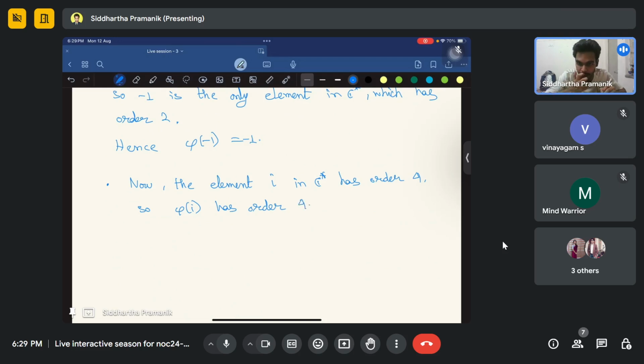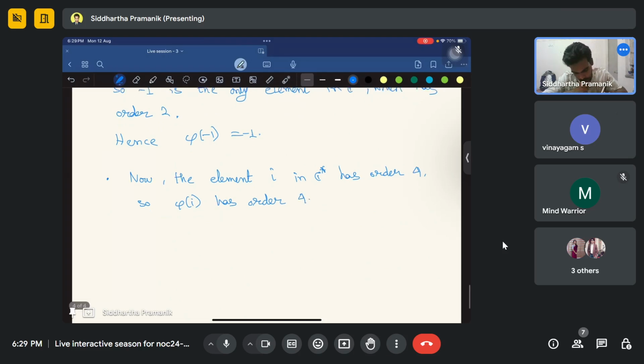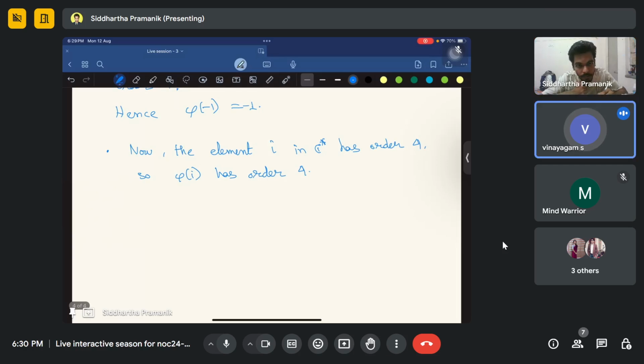So you need to find which elements in C star have order 4. Yes, both are the possibilities.